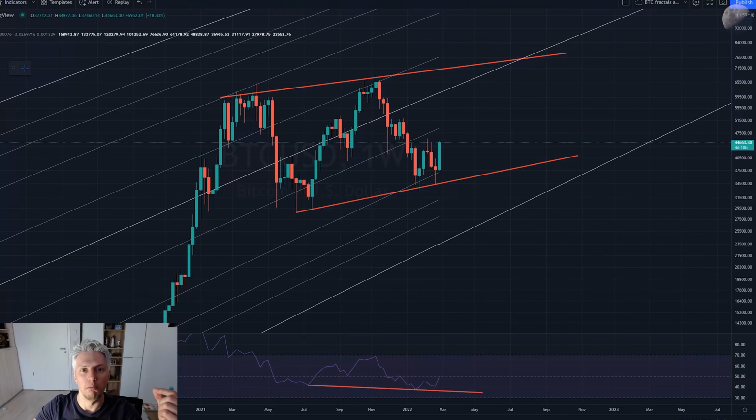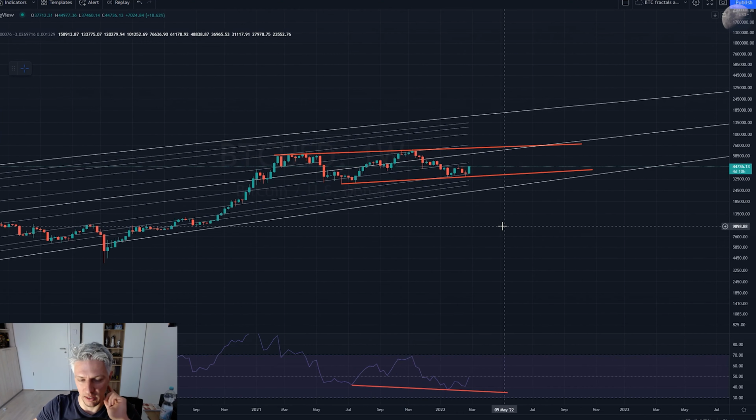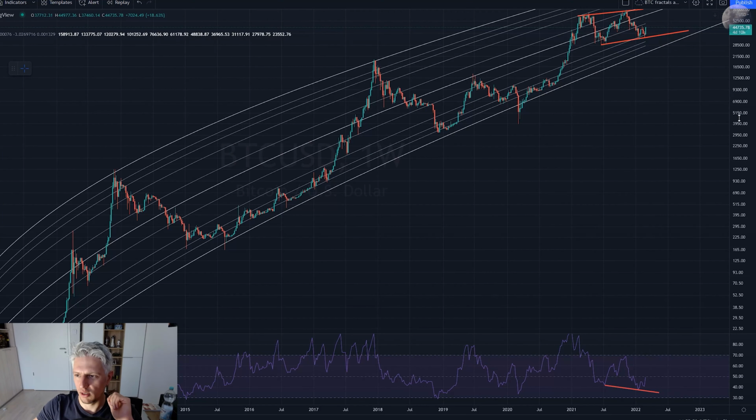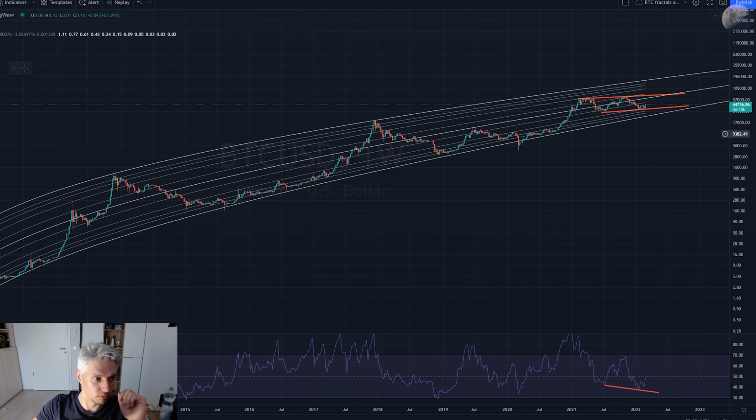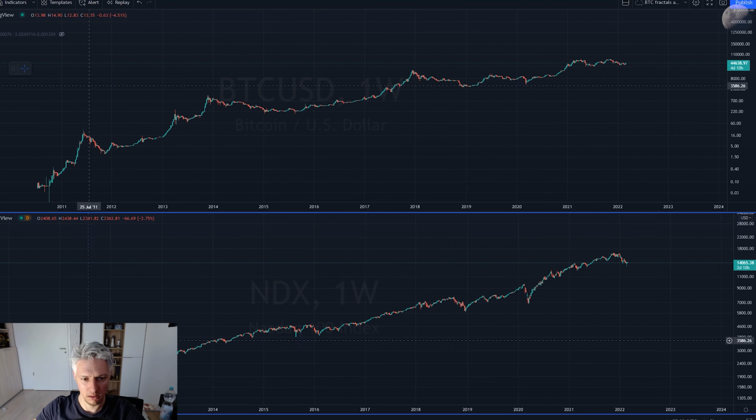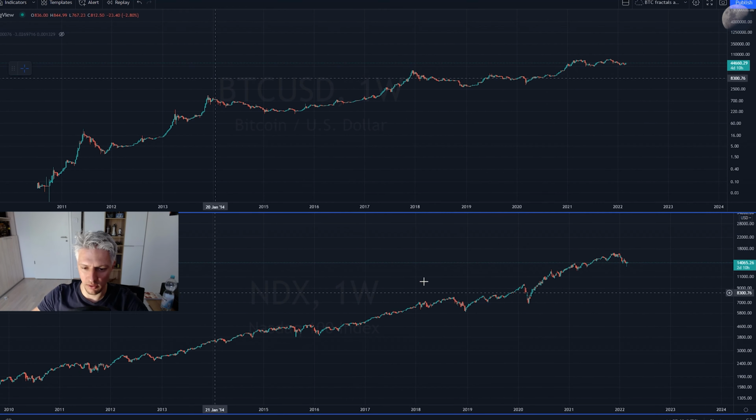And since we know that Bitcoin is positively correlated with the stock market, I personally wish it was not so, but we certainly can see that it is so. Let's try to confirm this. So now we have the Nasdaq in the lower half of the screen, and in the upper half we have Bitcoin. This is the weekly chart, and we can see that there is a correlation.